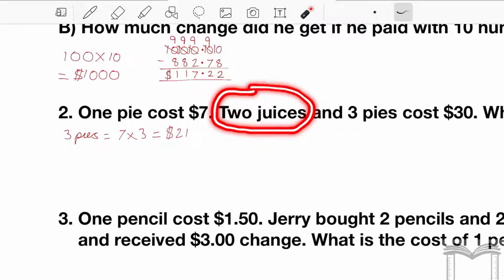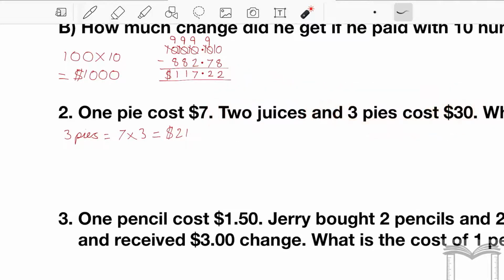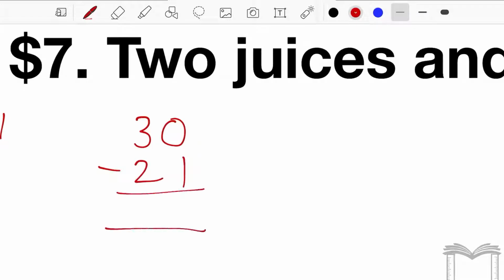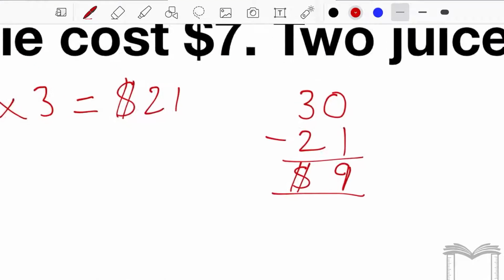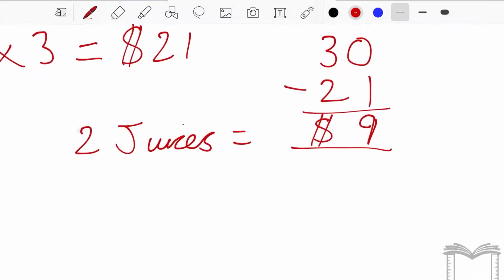So if we want to determine the cost of the 2 juices, we simply need to take away the cost of the 3 pies from the total, which is $30. $30 take away 21 is 9. So the 2 juices cost $9.